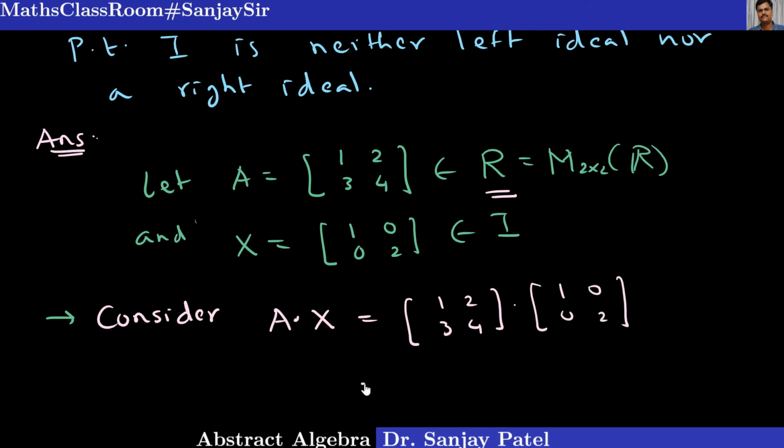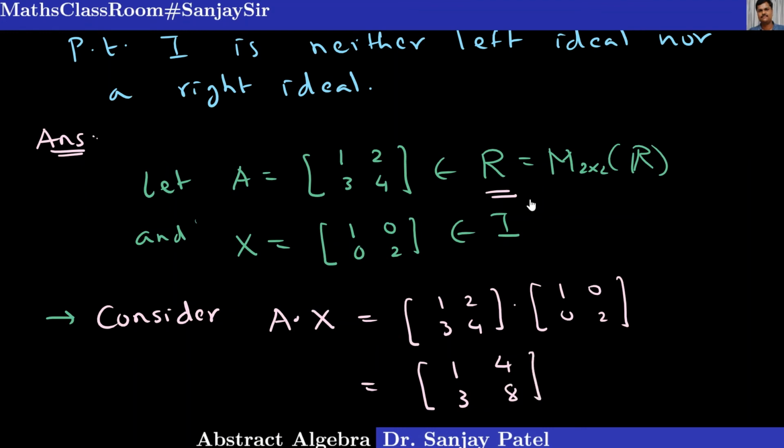This is equal to 1 into 1 plus 2 into 0, so 1. Then 1 into 0 plus 2 into 2, that is 4. Then 3 into 1 plus 4 into 0, so 3. Then 3 into 0 plus 4 into 2, that is 8.